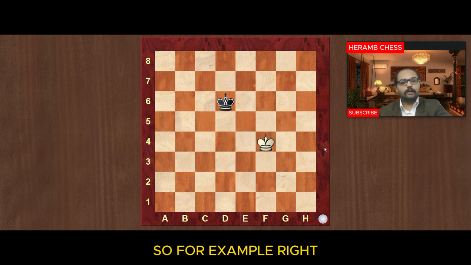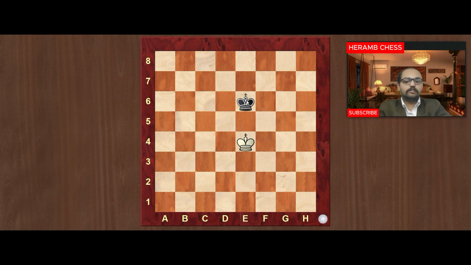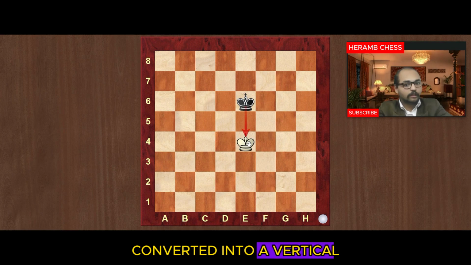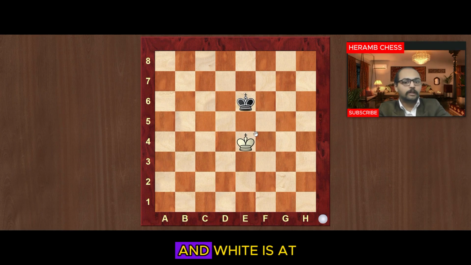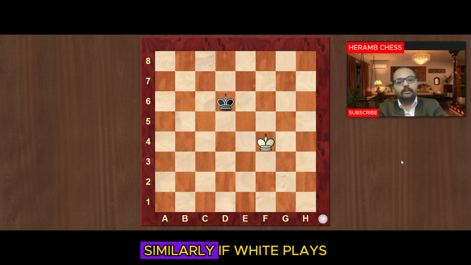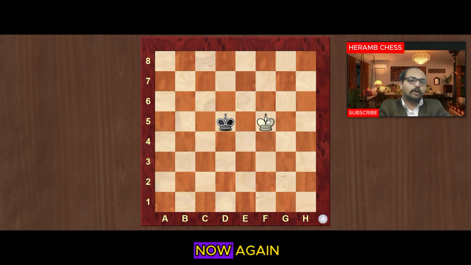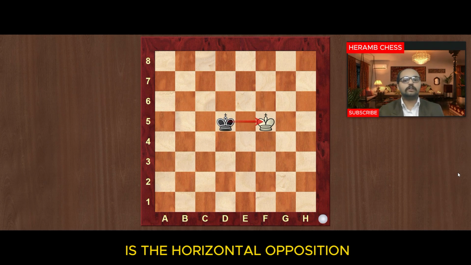So for example, right now, if white plays the move king e4, then black is going to play the move king e6, and this has been converted into a vertical opposition. It is white to play and white is at a disadvantage. Similarly, if white plays the move king f5, black can play the move king d5, and now again, this is the horizontal opposition.